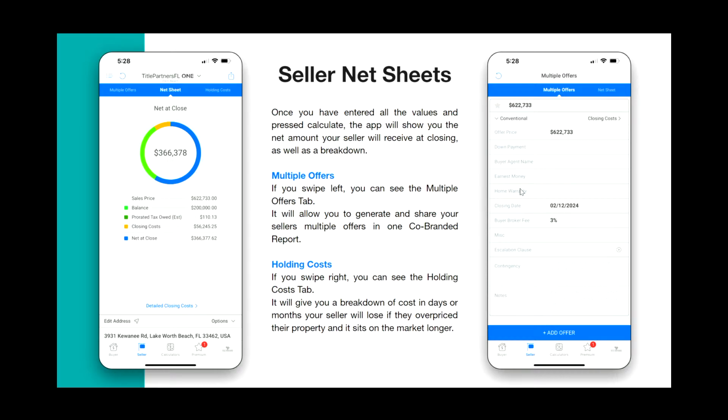So let's say you have a listing and you got 5 offers. You put in all the terms of the offers and it will give you a breakdown of all the offers for your client. It'll give you a nice little sheet with what you'll net if you accept this offer, this is your closing date, and all the respective terms.